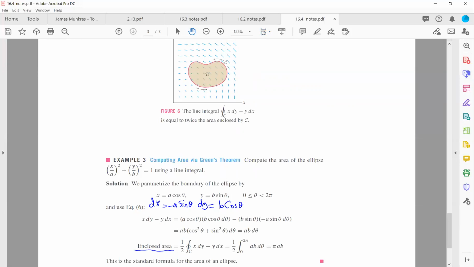Inside the line integral you have x dy minus y dx. So x dy minus y dx can be written as x, a cosine theta, times dy, b cosine theta d theta. Don't forget your d theta here.